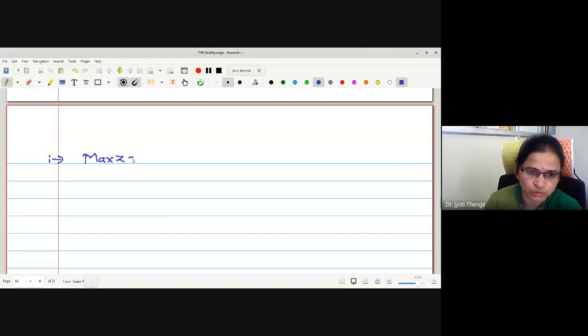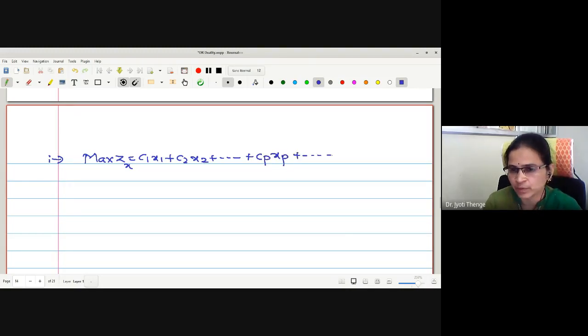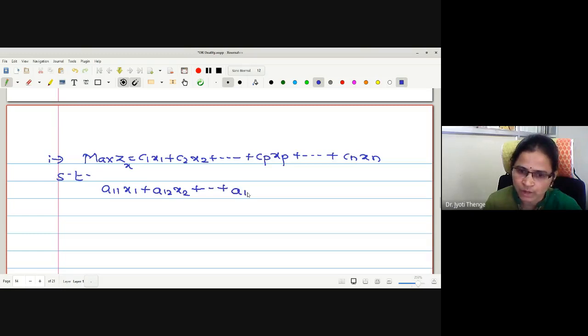Maximize z is equal to c1x1, and so on, cpxp, the pth variable we are considering, up to cnxn, subject to constraints a11x1, a12x2, a1pxp, a1nxn less than or equal to b1.